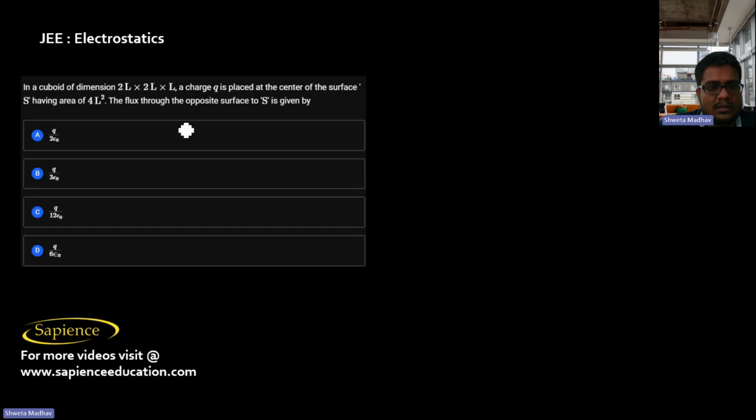And here it is told there is a cuboid of dimensions 2L length, 2L breadth, and height L. Charge Q is placed at the center of the surface S dash.